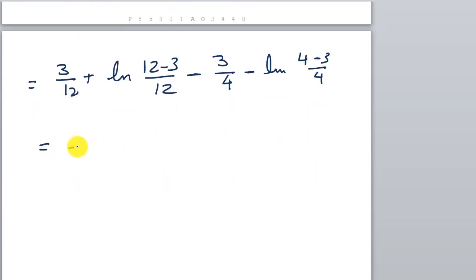So it's equal to, let us take the common factor 12 divided by 4, so it's 3 minus 9 plus, this is 9, so it will be 9 divided by 12 minus ln, this is 1 over 4.